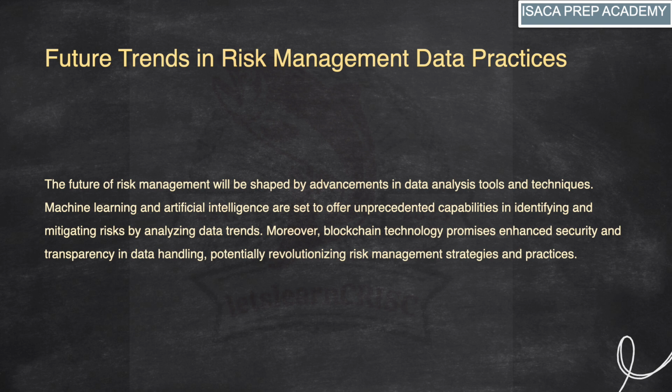Additionally, blockchain technology holds promise for enhancing security and transparency in data handling, potentially revolutionizing risk management strategies and practices by providing immutable records and improved data integrity. Friends, these advancements will enable organizations to make more informed decisions, enhance risk mitigation efforts, and adapt more effectively to the evolving risk landscape.